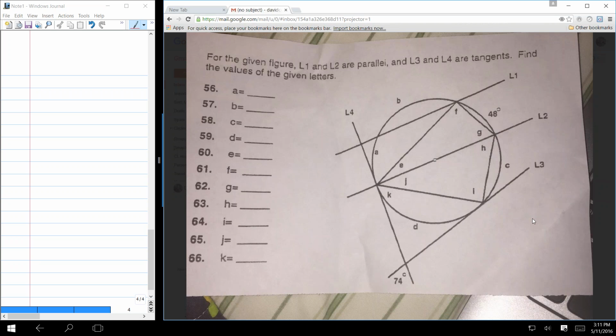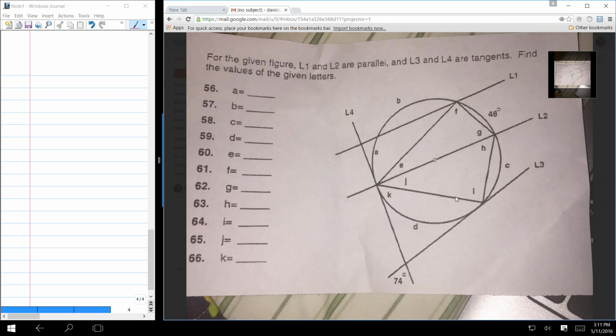What's F? 156. F, angle F. 24? No. Always look at it and make sure that your answer makes sense. It looks about 90, right?